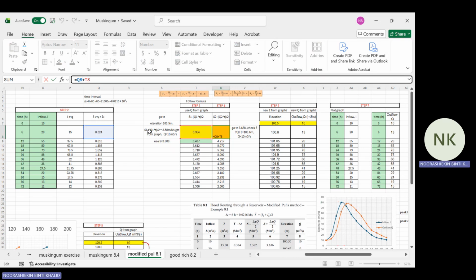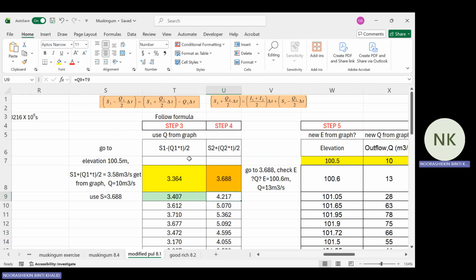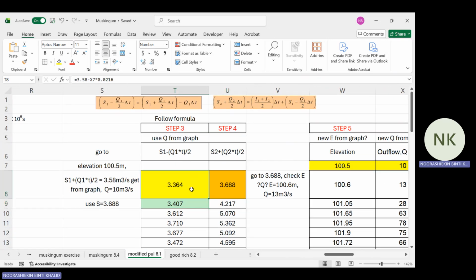So you have to know here why. Maybe you will question why we use 3.58 minus X7 times 0.0216. It is to get this S1 minus Q1 T divided by 2. This is the equation that you need to use.